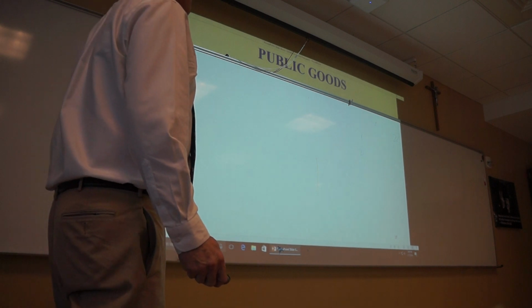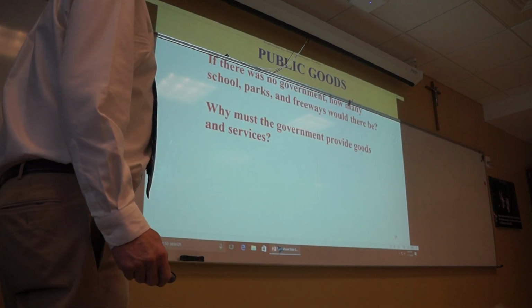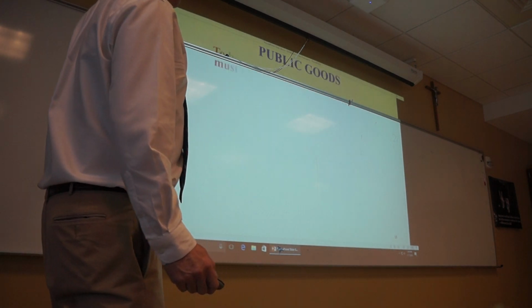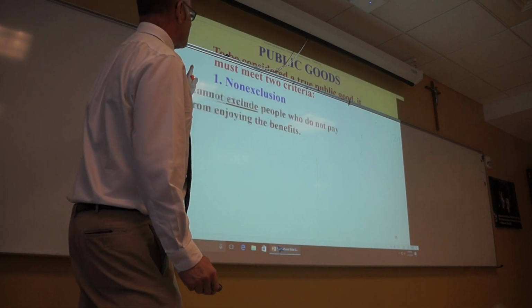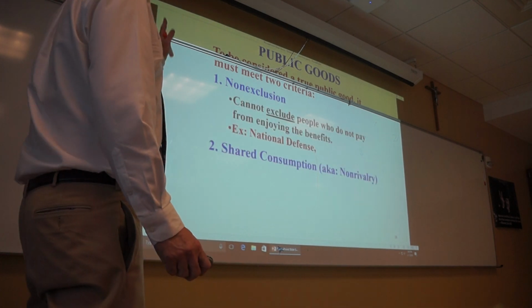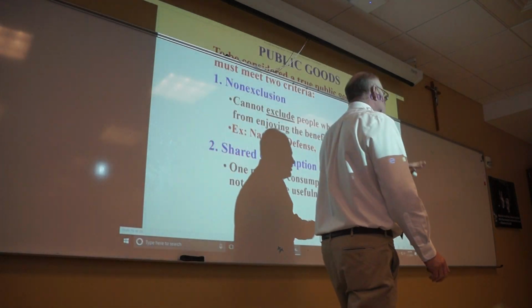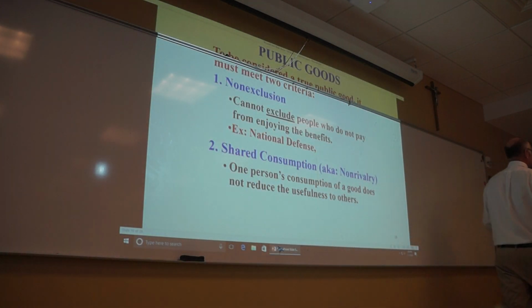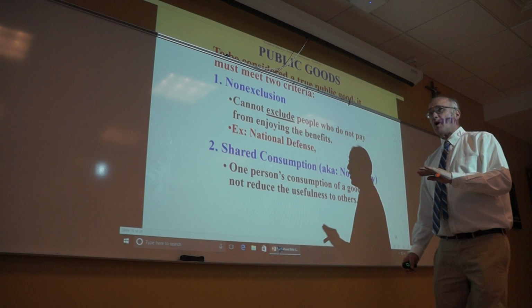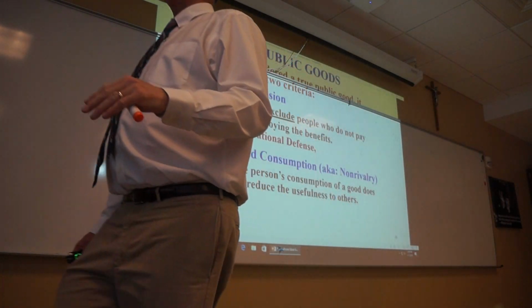We left resource market. We're now into public goods. Here's what I need you to know: 2 criteria to make something a public good. 1, non-exclusion. Non-exclusion means you don't have to pay for it. So like public school, parks, roads, that's non-exclusion.